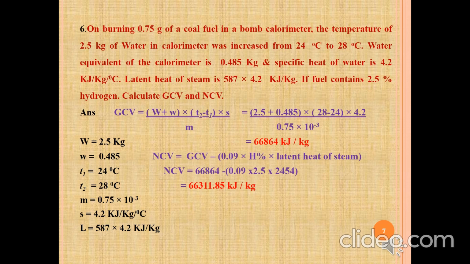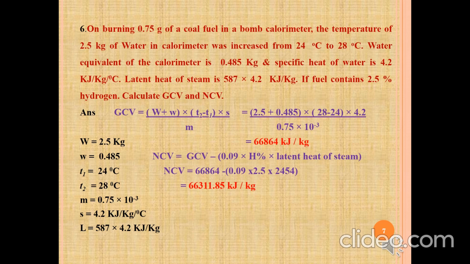T2, final temperature, which is given by 28 degrees Celsius. Next, mass of the fuel taken inside the calorimeter, which is equal to 0.75 into 10 raised to minus 3 kg. Next, specific heat of water 4.2 kilojoules per kg per degree Celsius. Next, latent heat of steam, which is given by 587 into 4.2 kilojoules per kg.